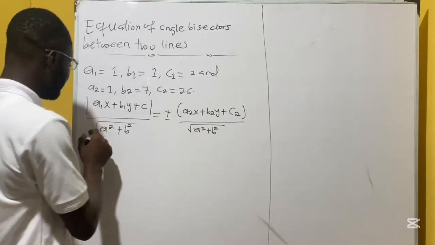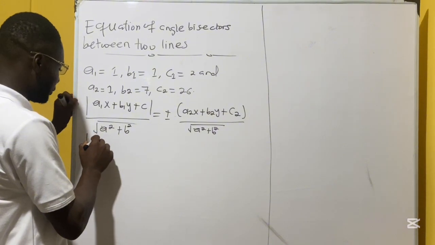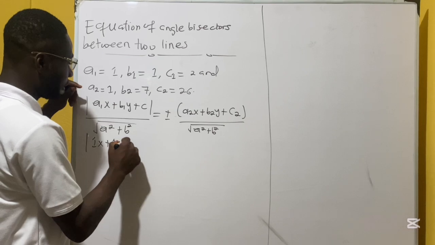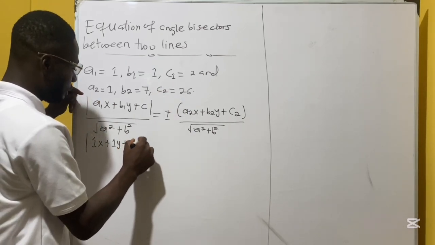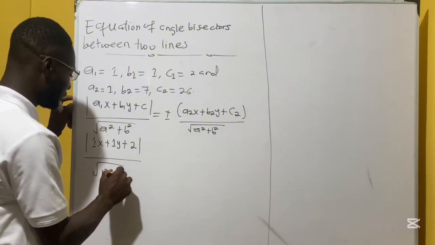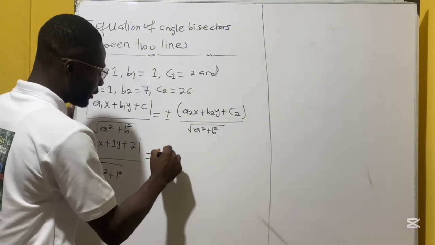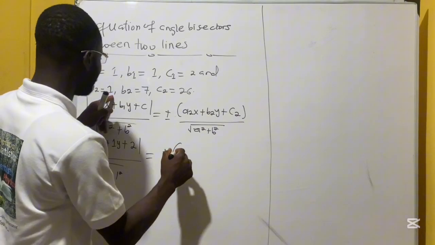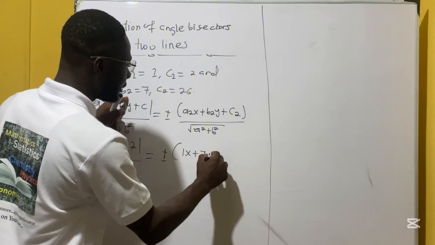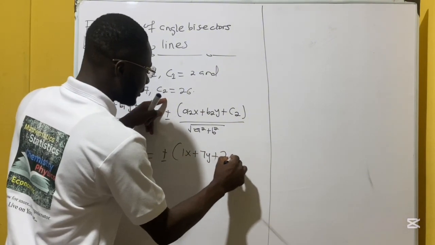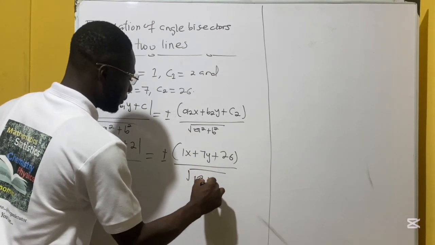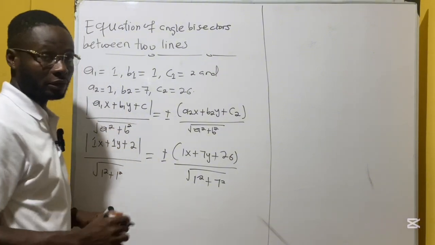So a1 is 1 times x, b1 is 1 times y, plus c1 is 2, all over the square root of 1 squared plus 1 squared. That is equal to plus or minus a2, which is 1 times x, plus b2, which is 7 times y, plus c2, which is 26, all over the square root of 1 squared plus 7 squared, right?